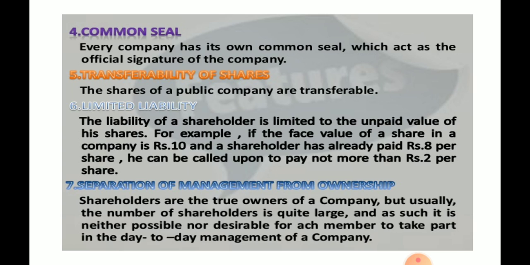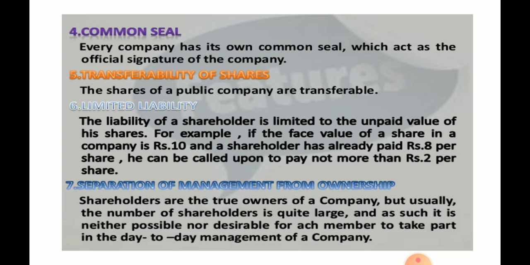Common seal. As a company is an artificial person, it cannot sign, so it uses a common seal. Transferability of share. The shares of a public company are transferable but not of a private company. Limited liability.